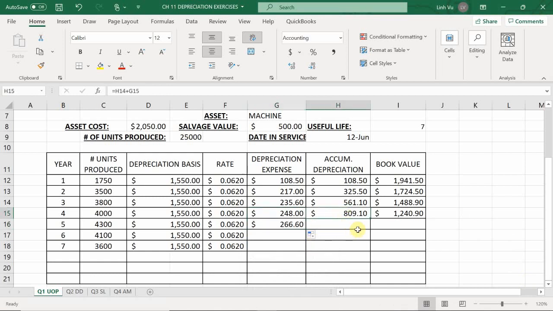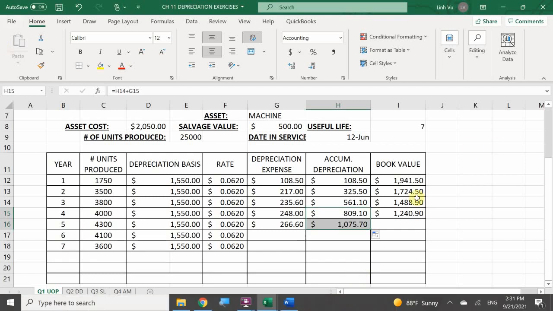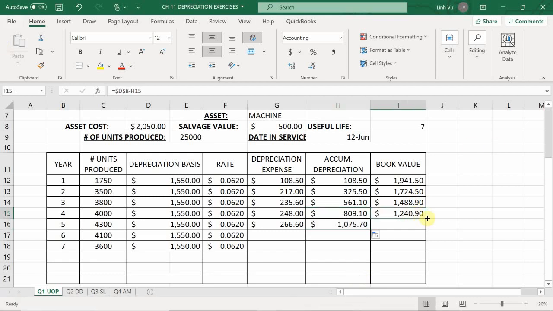Okay? Which, if we add that to our previous balance of $809.10, you should get a grand total of $1075.70. Which, again, subtract that out of your cost of the asset, should leave you a book value of $974.30. Okay. Almost done here.